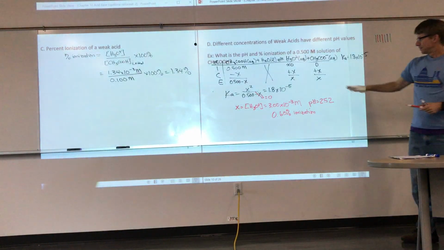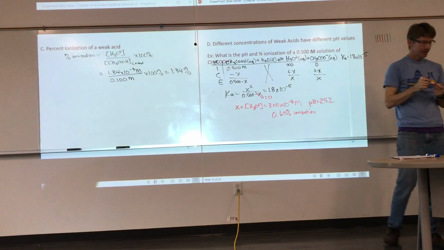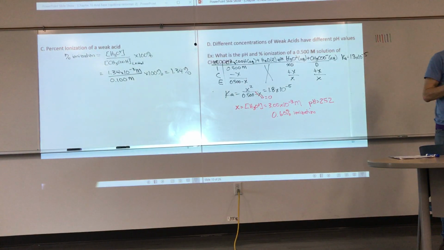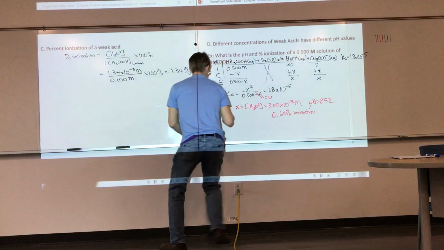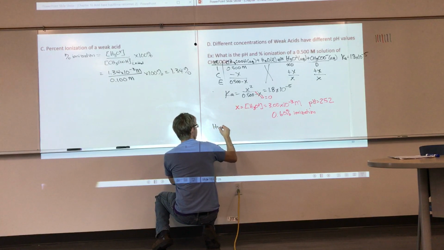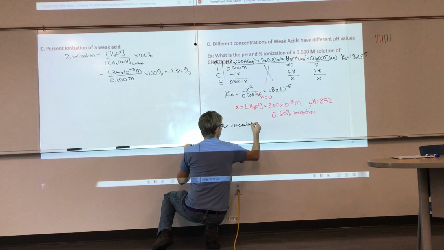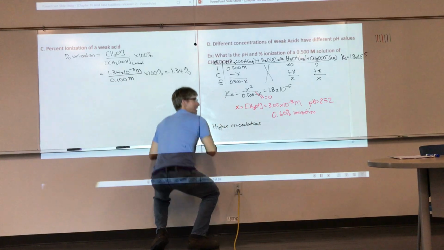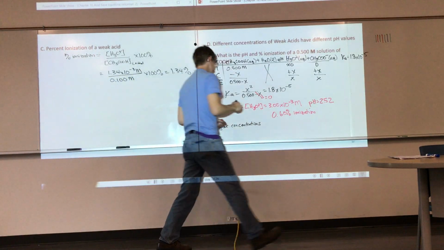You could continue through and show that, the point being that higher concentrations have lower percent ionizations. And let me be more specific than that. Higher concentrations of weak acids have lower percent ionizations.